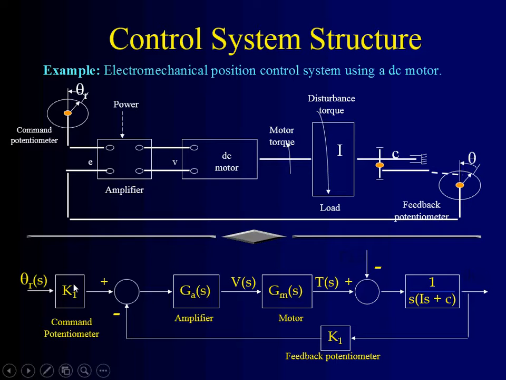I said this is the more control you have, the more error you have, the more control. In this case, the feedback signal is proportional to the error signal. So the more error, the more control.